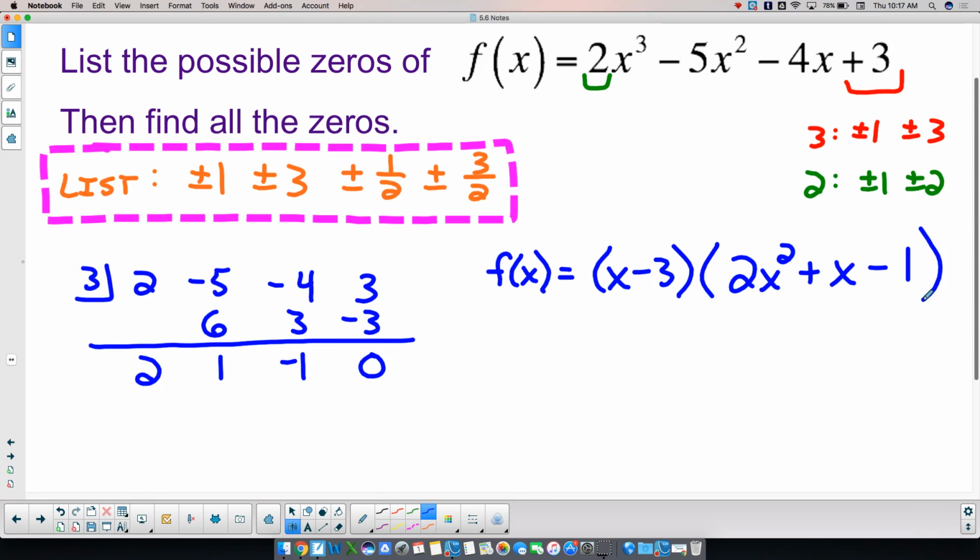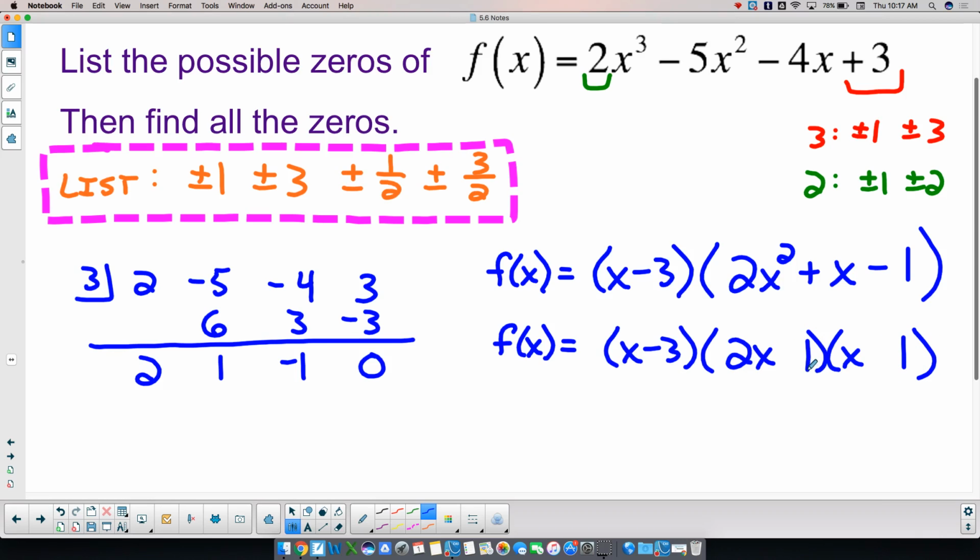Yes, that is. So f of x here could be x minus 3 times 2x, x, 1 and 1. I want positive there, negative there.